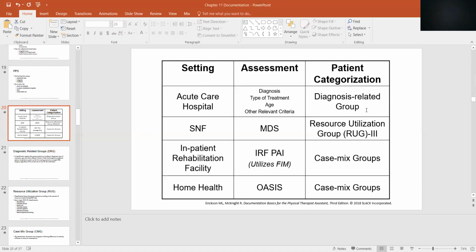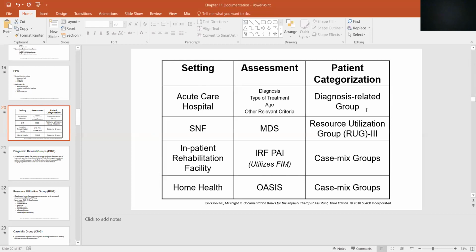Then the final setting is home health, and the assessment is called the OASIS. And that is done by the first person into the home. So you guys as PTAs won't have to do it.